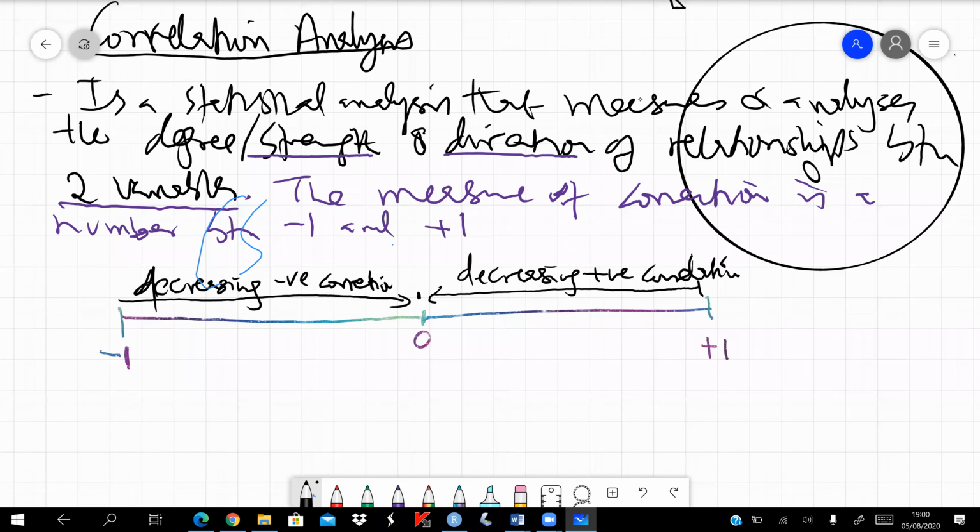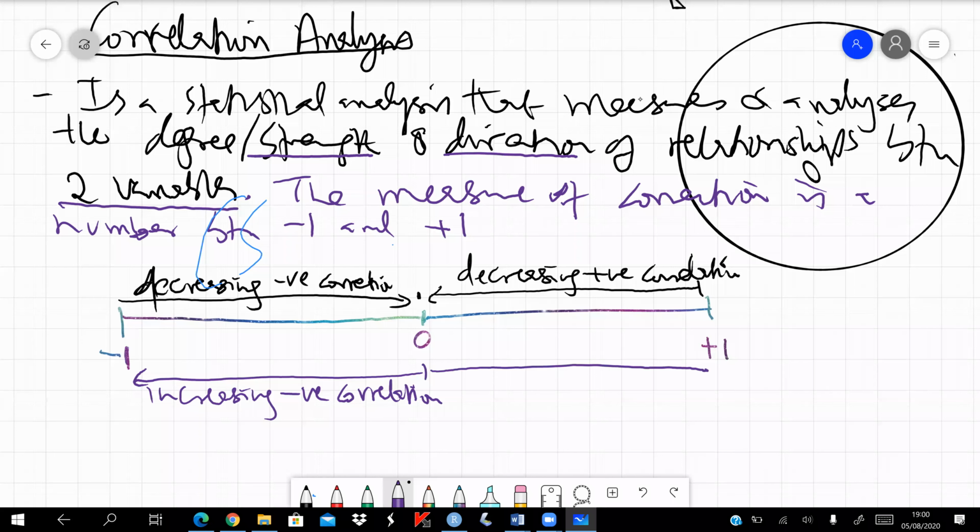I'll explain that in a while. Then away from 0, all the way to -1, this is increasing negative correlation. And the opposite here, from 0 towards +1, this is increasing positive correlation.